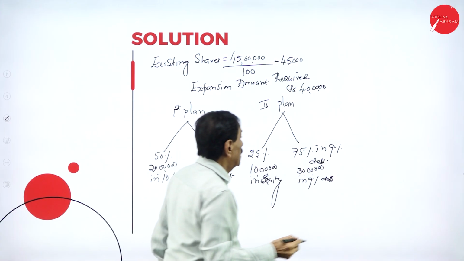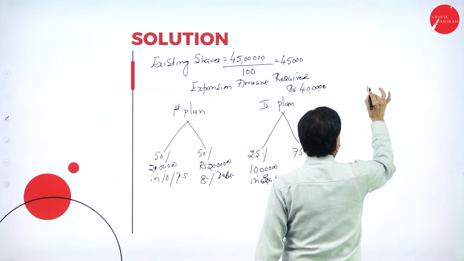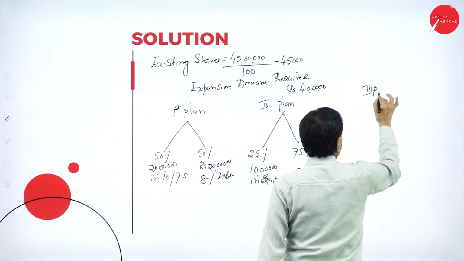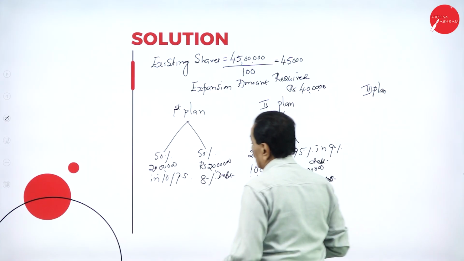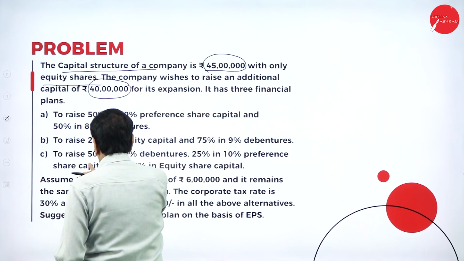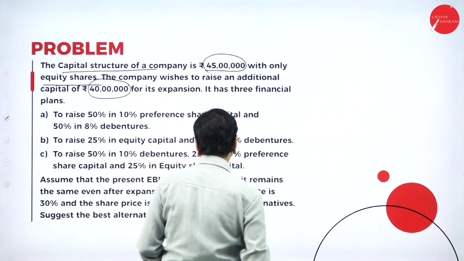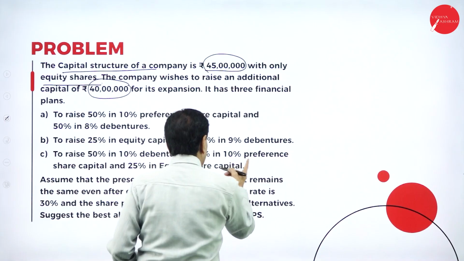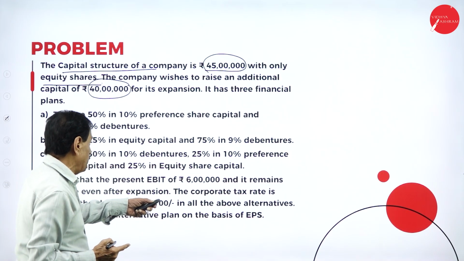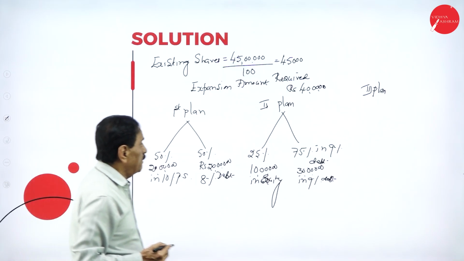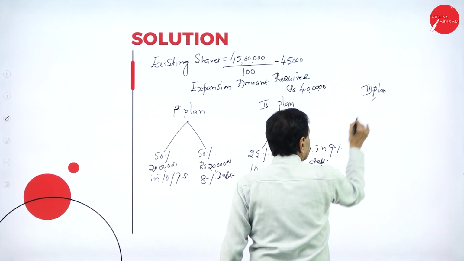So now, third plan. Third plan, to raise 50% in 10% debenture, 25% in preference share capital, 25% equity. There are 3 items.